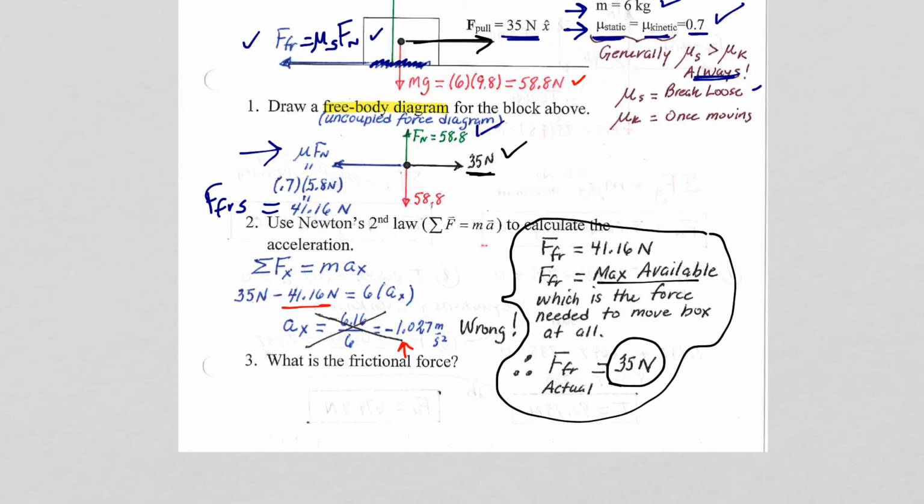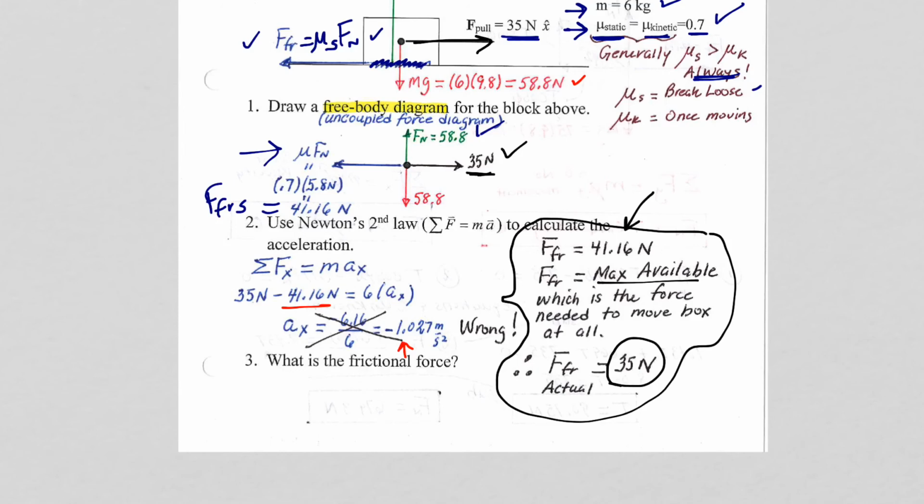To move the box, you would need a pulling force of anything bigger than 41.16. So 41.160000000001 would move the box.